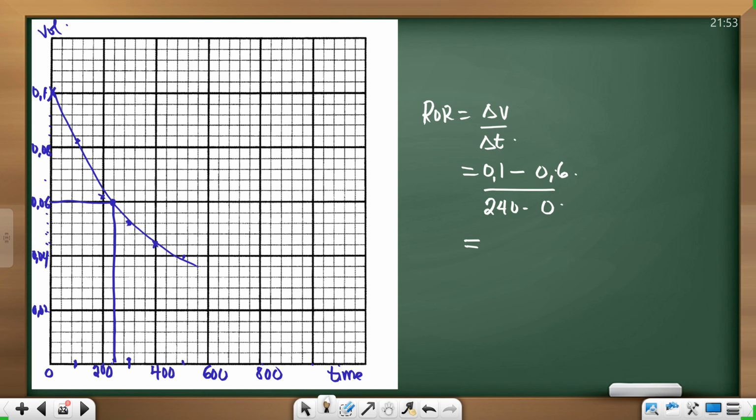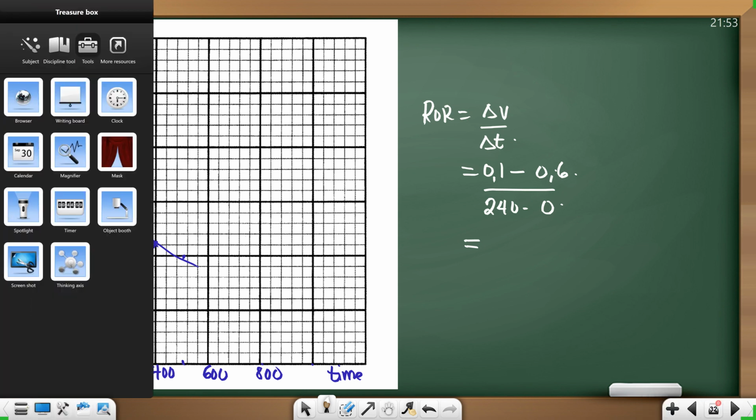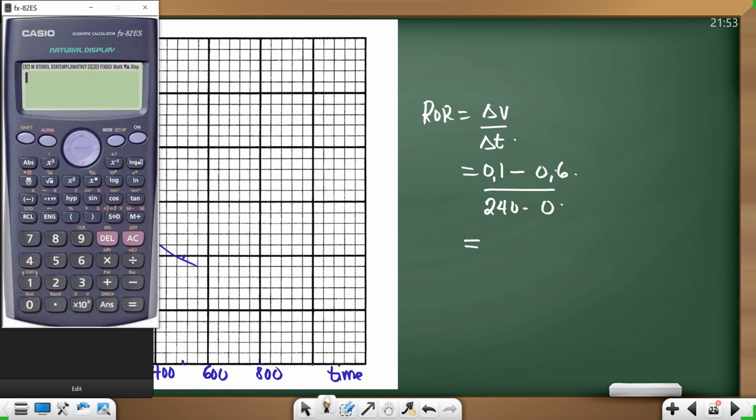Please note, I quickly want to say something here. Don't leave your answer as negative. Here you are going to get a negative, but don't leave your answer as negative. Very important. 0,1 minus 0,6 over 240.